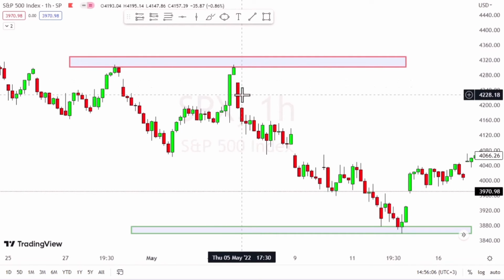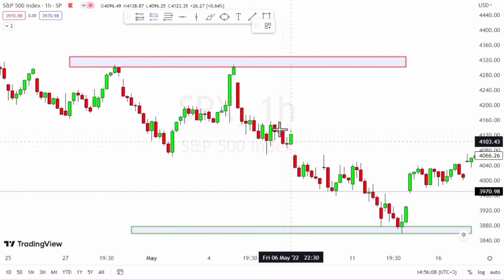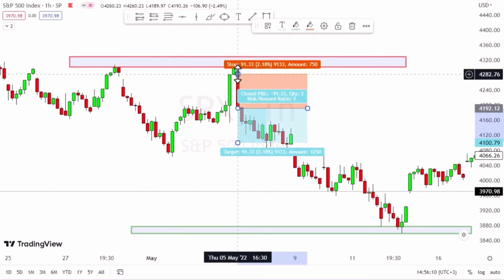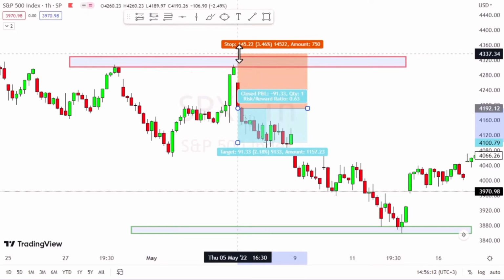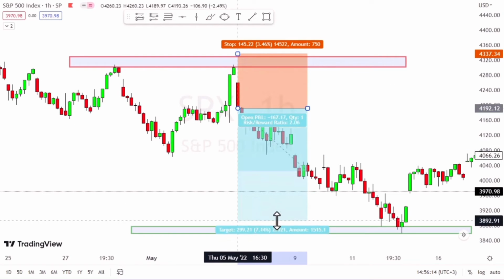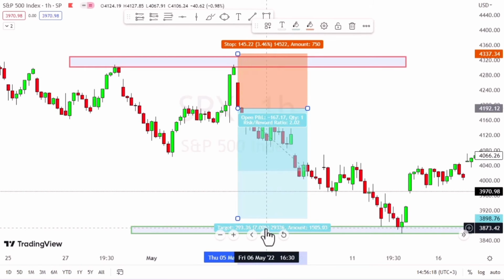If we took a short trade, or let's say went selling off the asset, and took a trade down to this support area, you can see it was 7%. If you use 10x leverage on this trade, oh my God, it was 70% profit in a matter of hours.